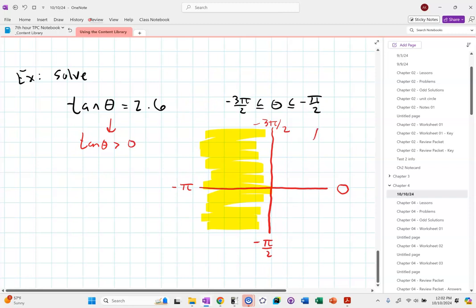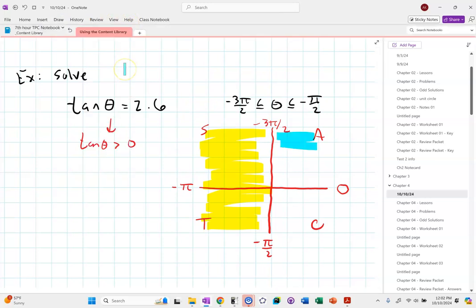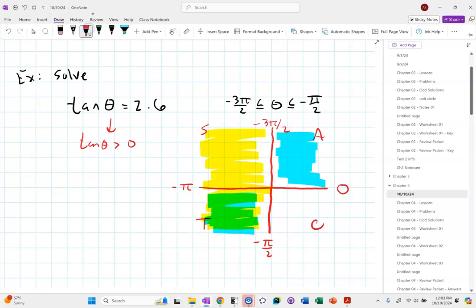Tan is positive. Well, all silly turtles crawl. So we are positive in A and T. So my answer is there in quadrant 3.